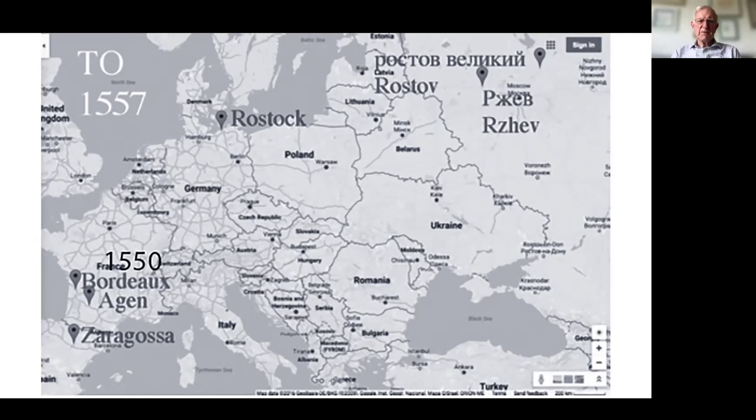First recorded use is 1550 in the Bordeaux-Angoulême area, and later it has been found in other places, as shown there, Zaragoza in Spain, Rostock in Germany, Poland, and then further to the east in Rostov and Rzhev in Russia.